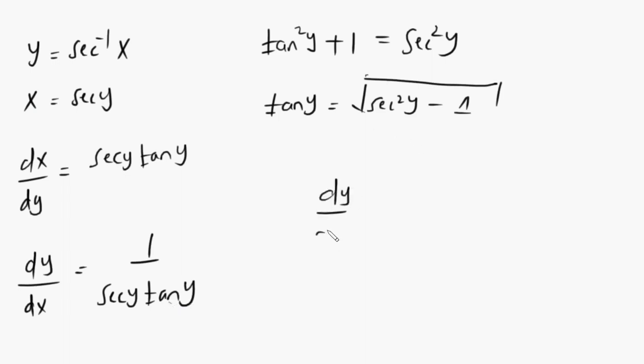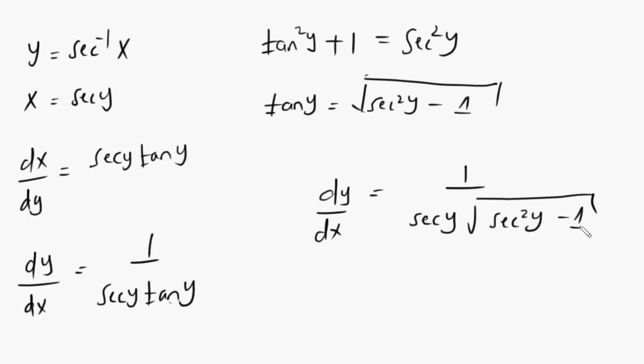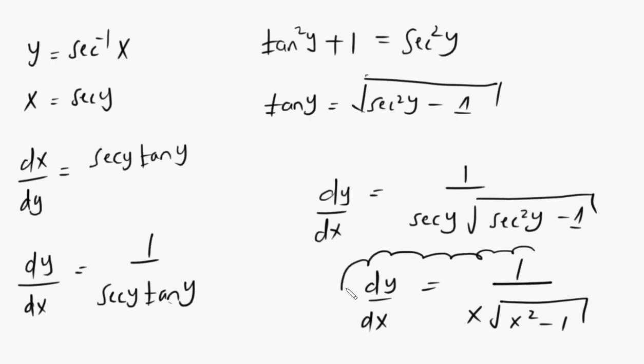So my dy dx is just going to be equal to 1 over sec y times the square root of sec squared y minus 1. But sec y equals x, so dy dx is just going to be equal to 1 over x times the square root of x squared minus 1. So this one now is the derivative of sec inverse of x.